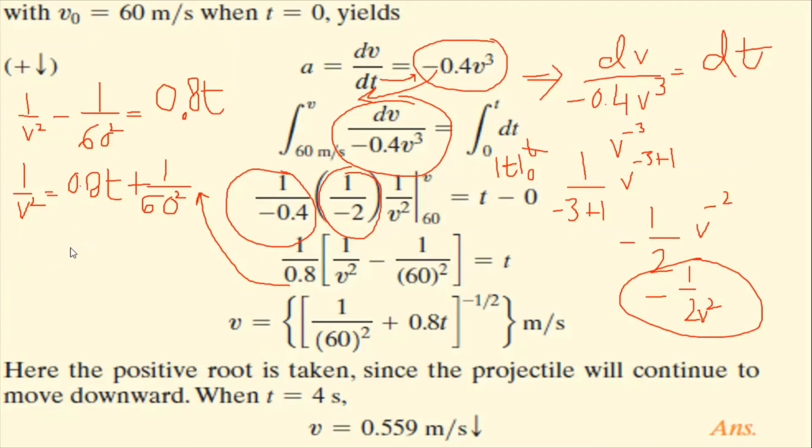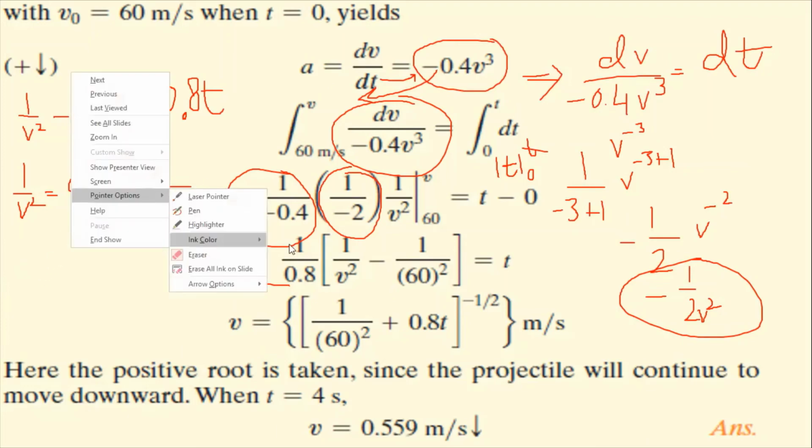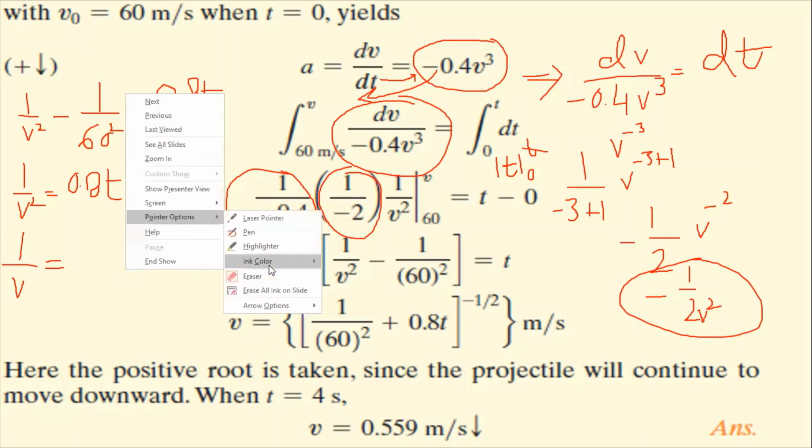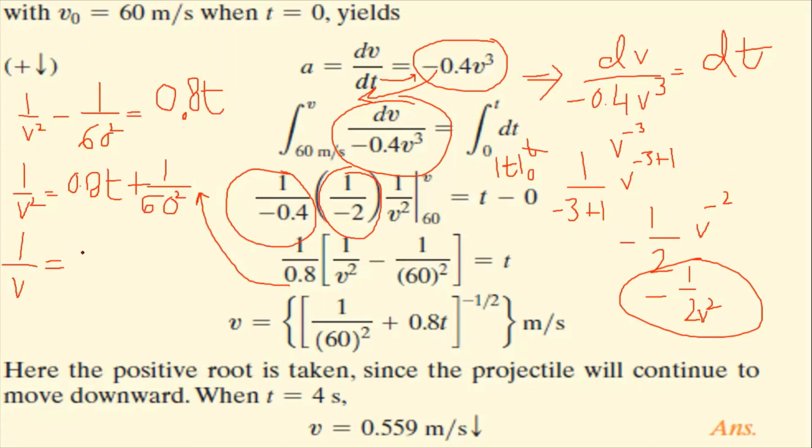We will apply the square root on both sides, because we need v now. So 1 upon v will become down. We are applying the square root on both sides. So what will happen? 1 upon 60 squared.